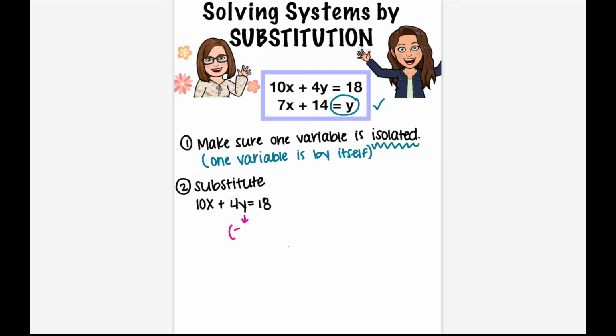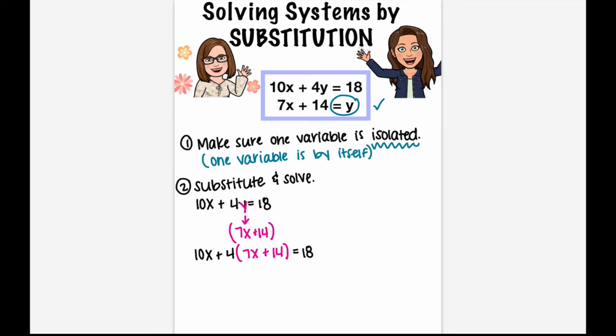So in this equation, where I see a y, I know that y is equal to 7x plus 14. So I'm going to rewrite this equation with 7x plus 14 being plugged in for y. That is the substitution step.